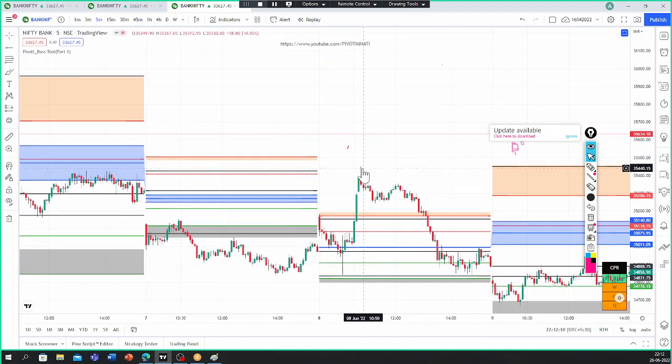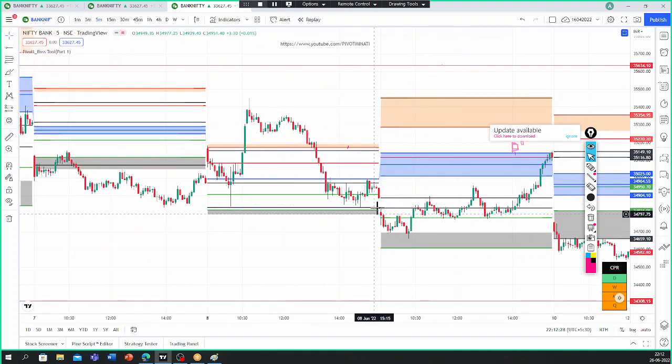Then the new ones will become buyers, you join the buyers, new buyers will join, and then you see a very fast movement upside. Similarly downside also, if you see rejections are down, see rejected here, again rejected here.